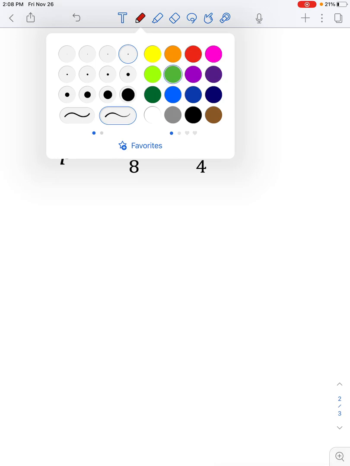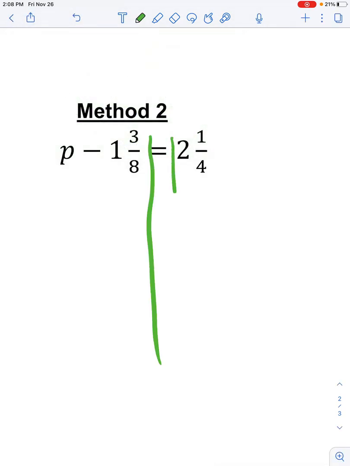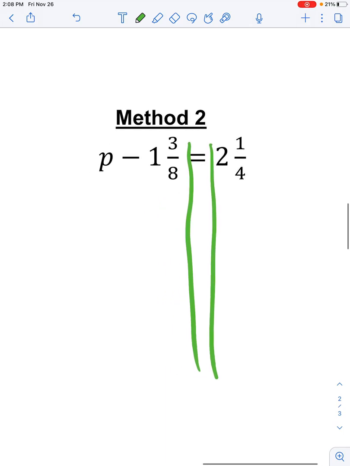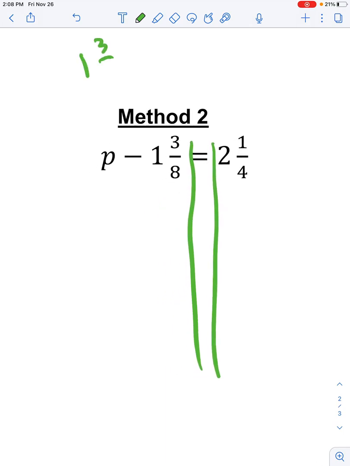We could solve that slightly differently. We could also turn our mixed numbers into improper fractions. To do that, if I have 1 3/8, I multiply by the denominator and add the numerator. 1 times 8 is 8, plus 3 equals 11.